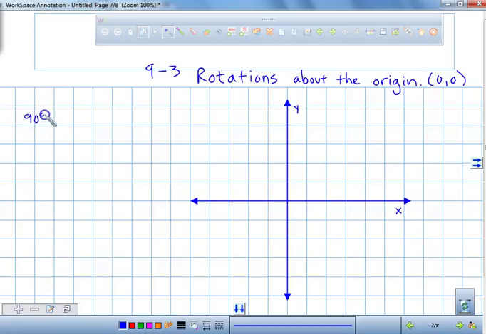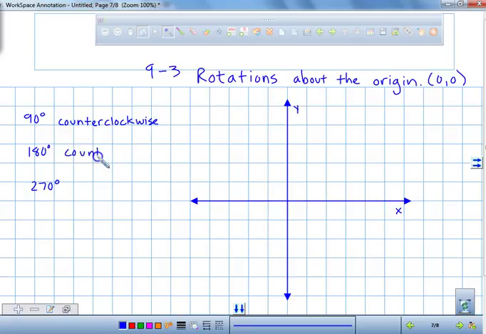We're going to talk about a 90-degree turn, a 180-degree turn, and a 270-degree turn. Now, each one of these turns is going to be counterclockwise, okay? So I want you to understand the direction we're going is counterclockwise for each one.